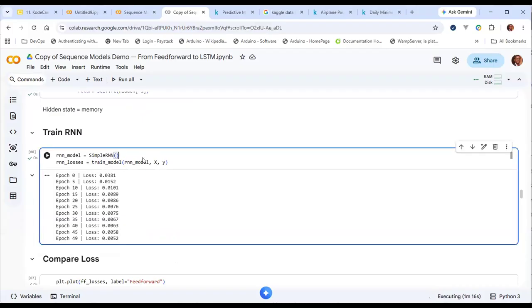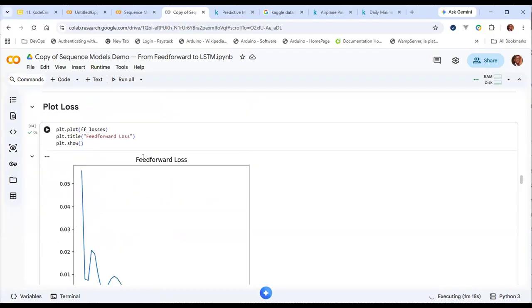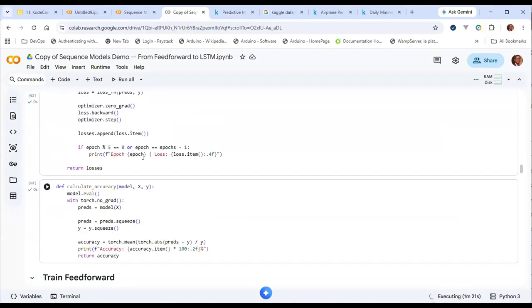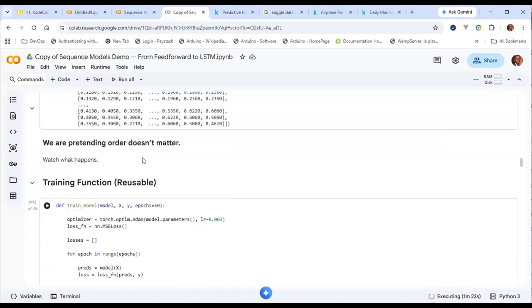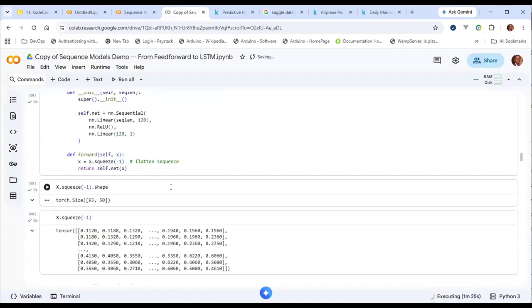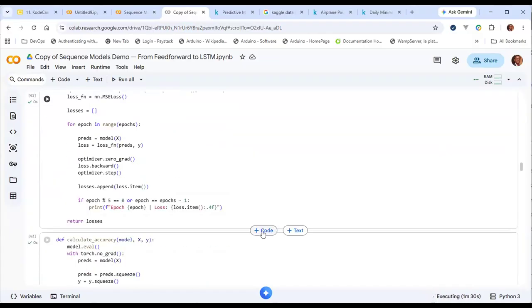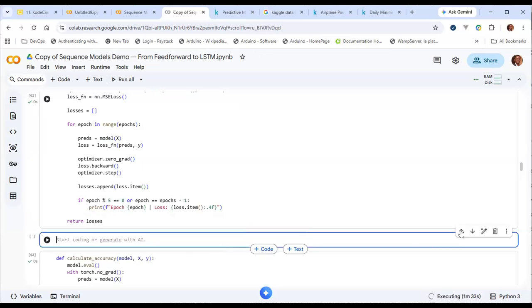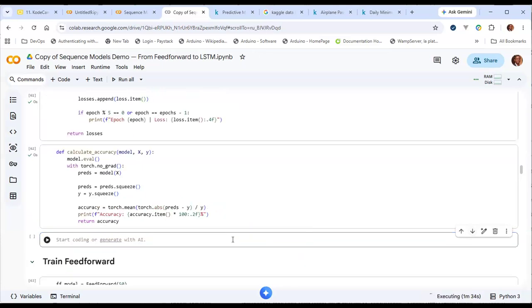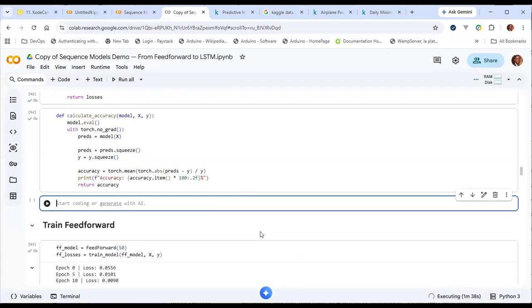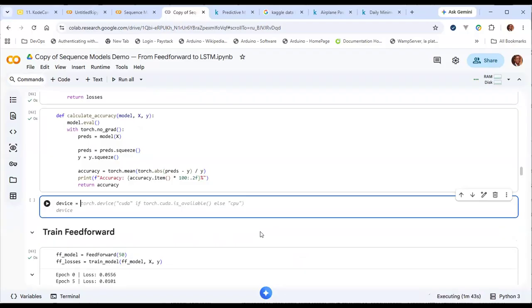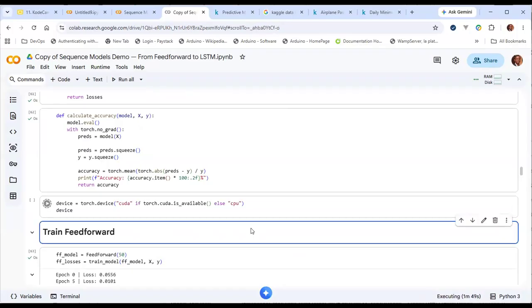Yeah, so let's get the device first. Let's see if I can do that fast. Device equals CPU. Okay, so we can go with this. And for now, it's CPU.